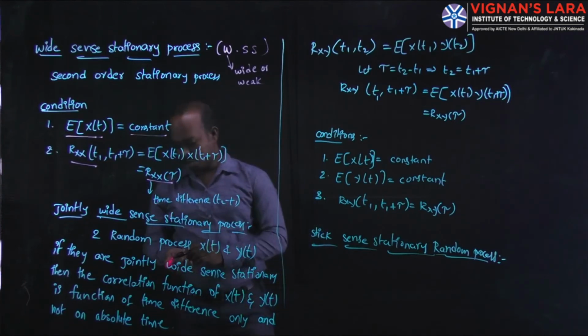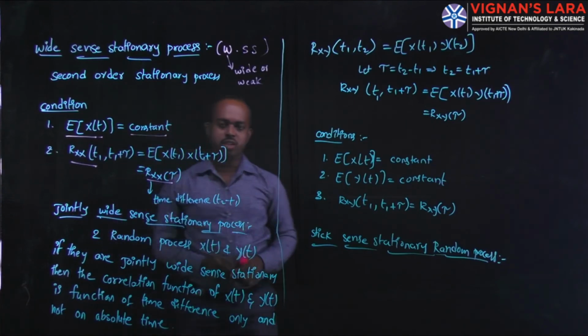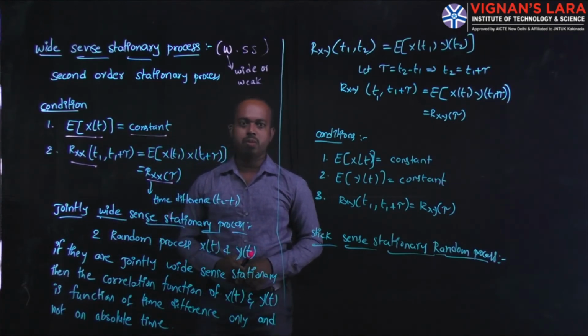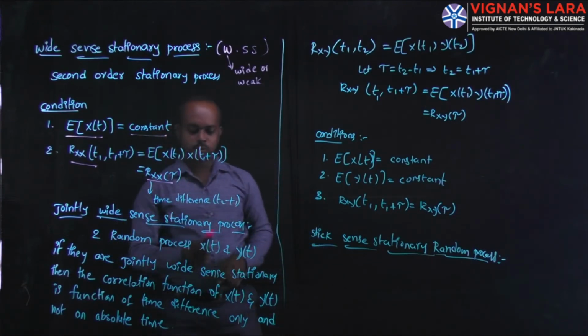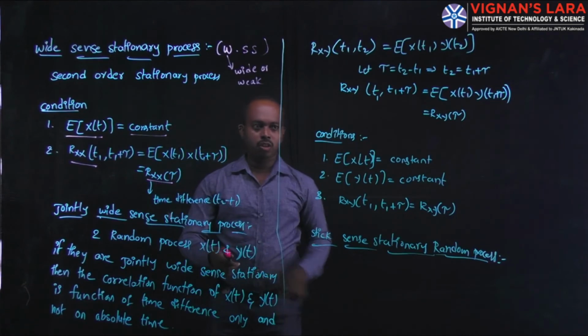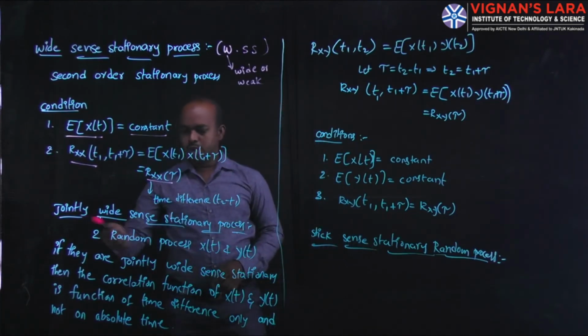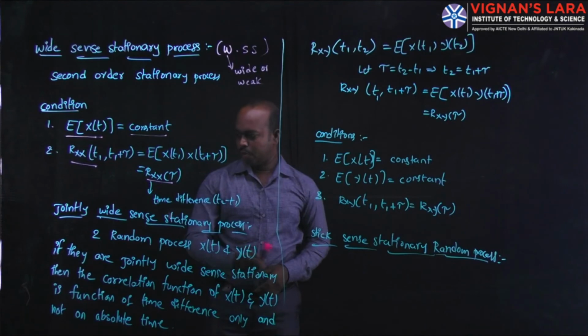Coming to the next topic. The next topic is the jointly wide sense stationary process. We can define this by considering two random processes, x(t) and y(t).